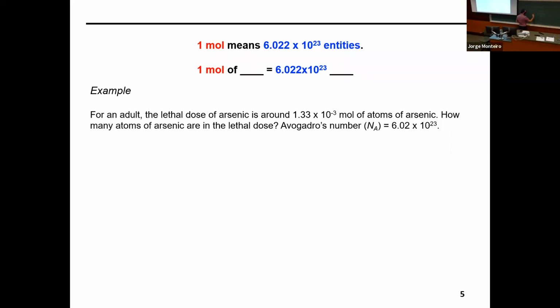To solve any kind of proportion, we can do cross multiplication. 1 mole times x equals 6.02 times 10 to the 23rd atoms times 1.33 times 10 to the minus 3 mole.